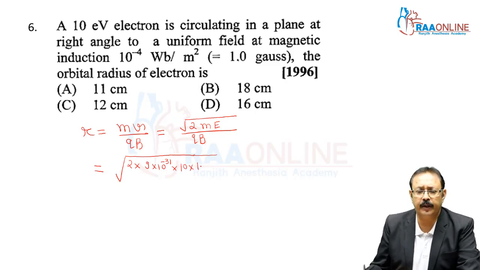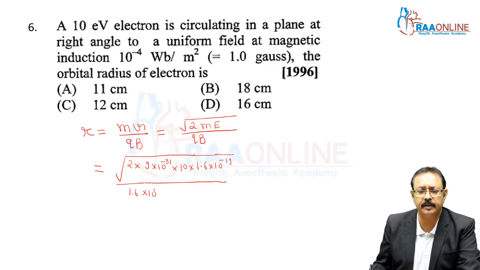Joule means 1.6 into 10 to the power minus 19, divided by qB. Q, the charge, is 1.6 into 10 to the power minus 19. B is 10 to the power minus 4.